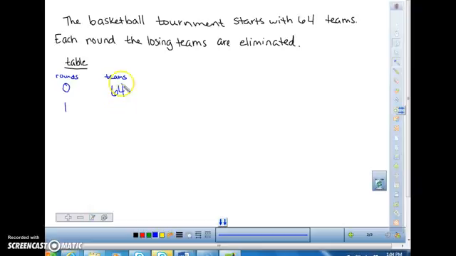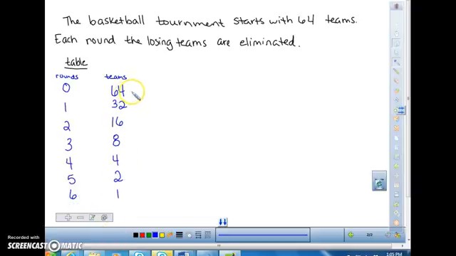So this would get cut in half, so 32. And then round 2, now there would be 16 teams. And then third round, we would have the Elite 8. And then the final 4. Until we get all the way down to the winning team.